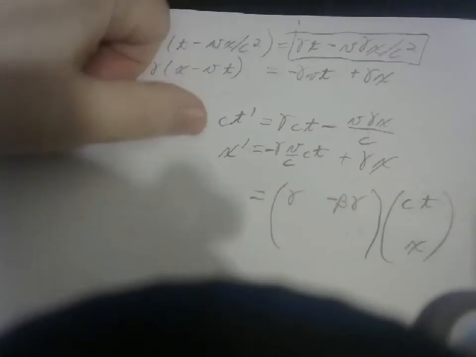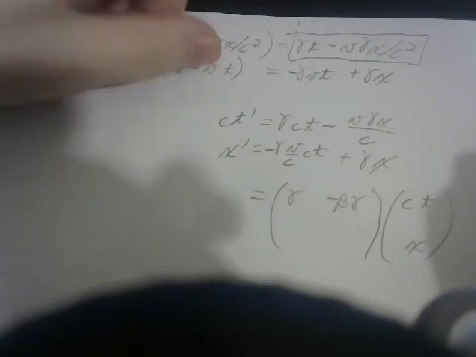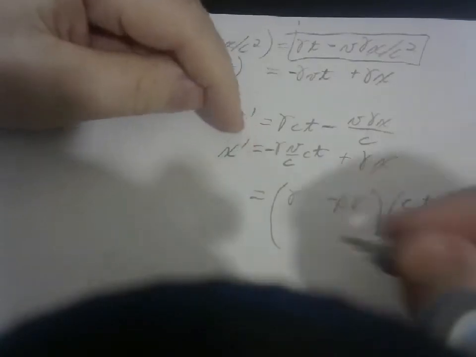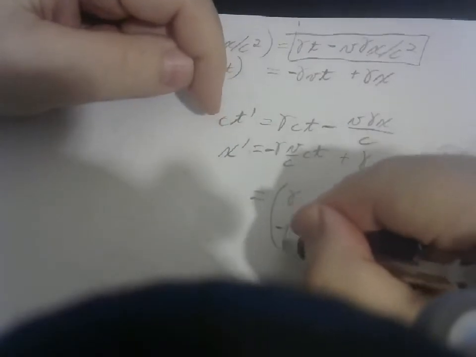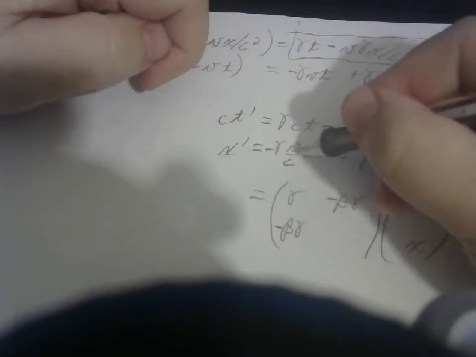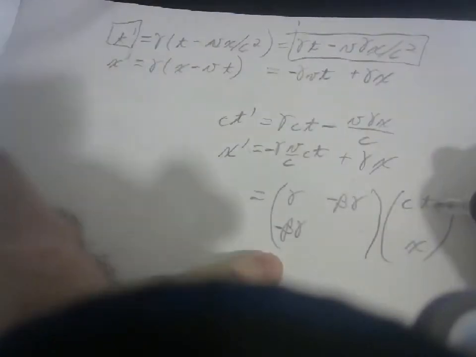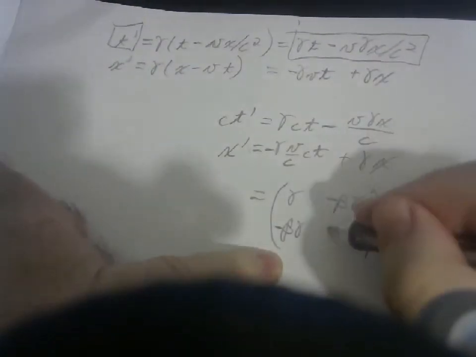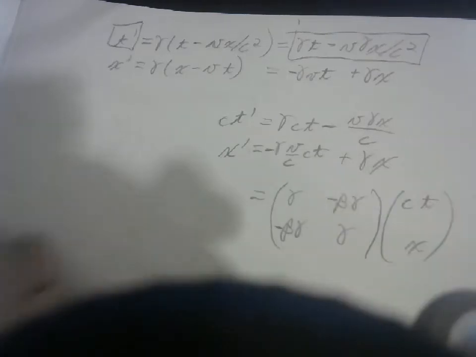And then x prime is going to be negative beta gamma, because it's v over c times gamma, multiplied by your c t, and then gamma over here.